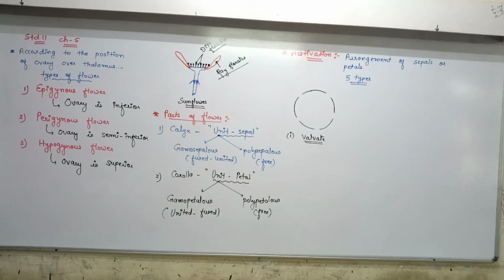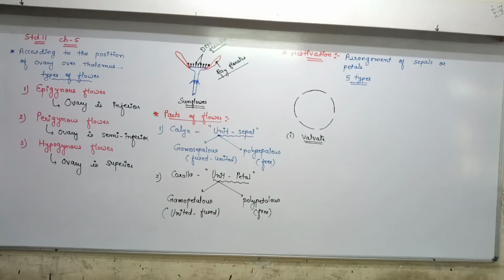What do you imagine from that? What does it show? Yes, cross section. So you take a cross section of the flower in such a way that calyx and corolla both are included, and see it from the top.